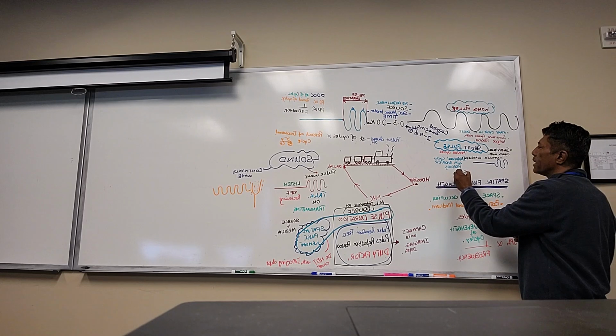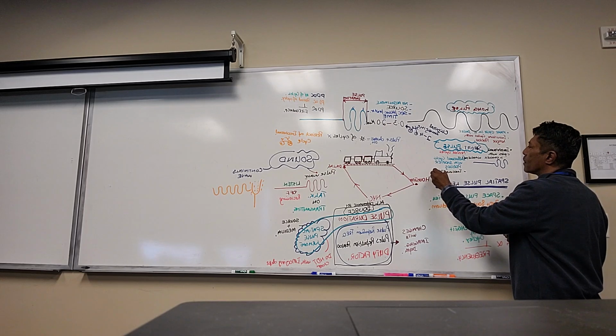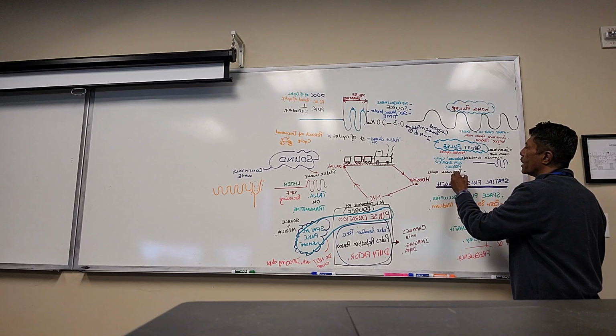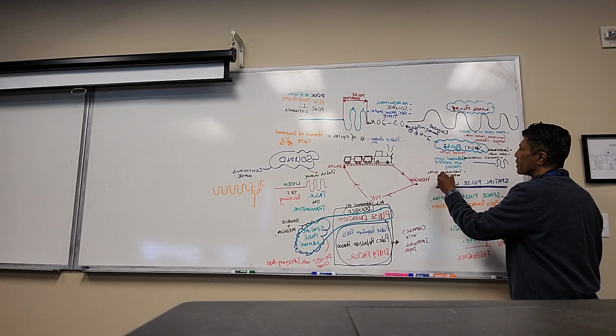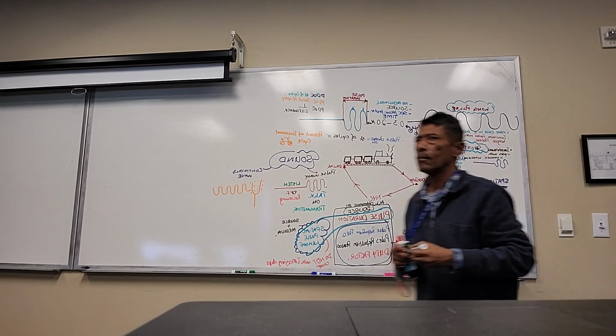Third thing, individual cycles with shorter wavelengths. Is this concept clear? What makes a pulse long?